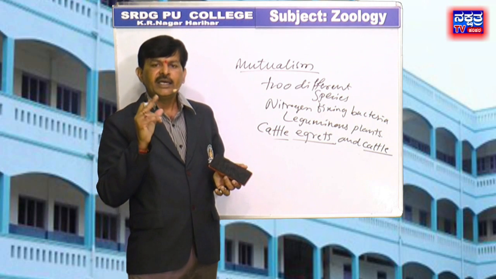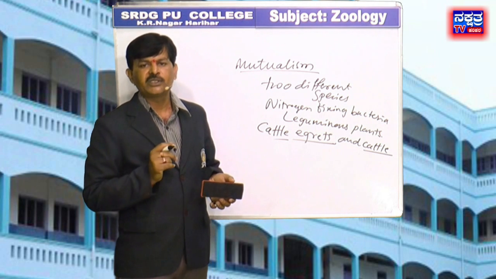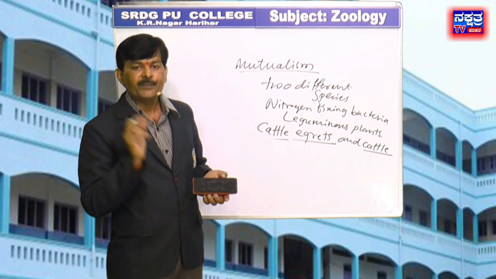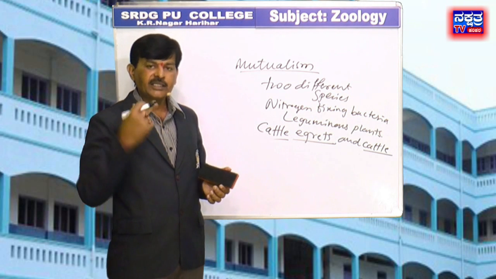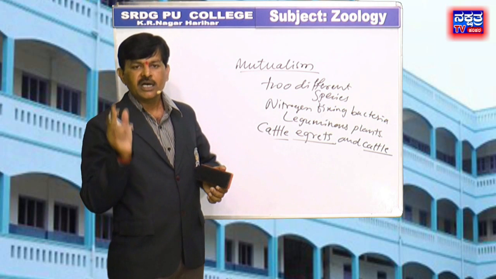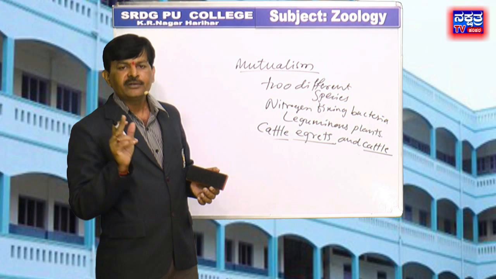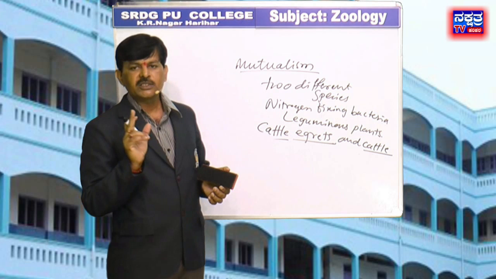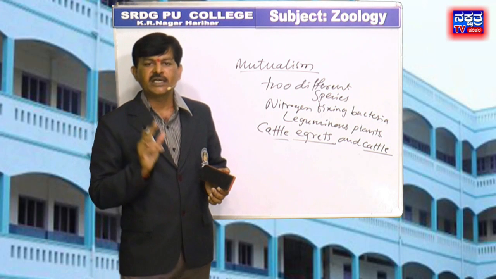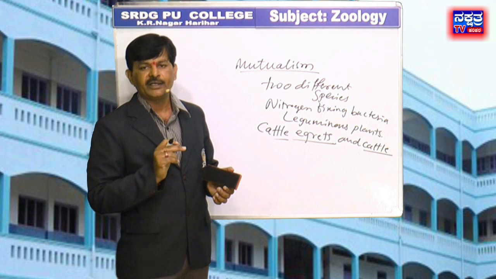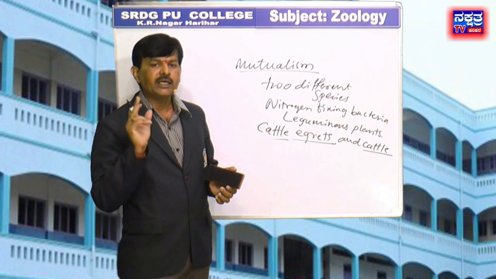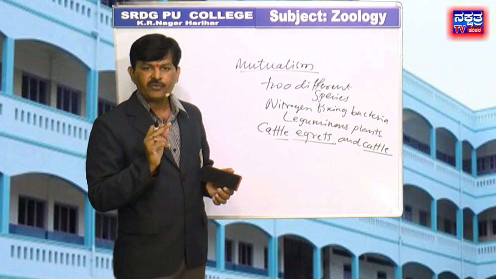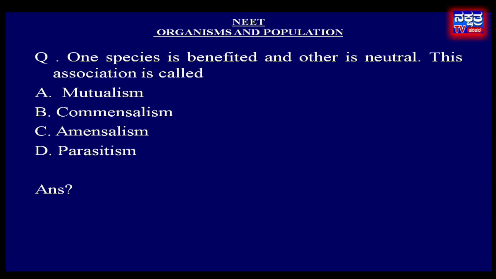Parasitism is a symbiotic relationship in which one organism, the parasite, benefits and the other, that is the host, is harmed. Parasites derive nutrients from their host and also gain other benefits such as shelter and habitat in which to grow and reproduce. Therefore, in the given options, B, commensalism is the right answer.